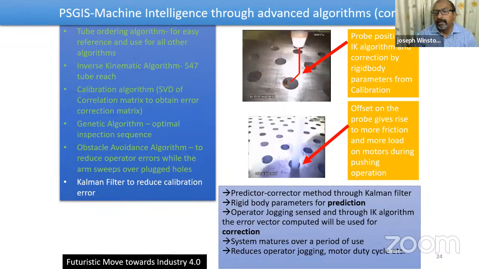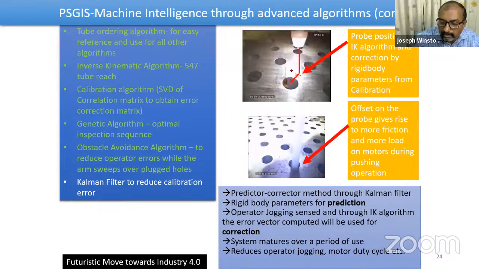Then the Kalman filter. I'll not go into detail on this aspect, because it is a higher order algorithm. Even after calibration, there may be a slight offset error. I have magnified it here, but it is very, very small.